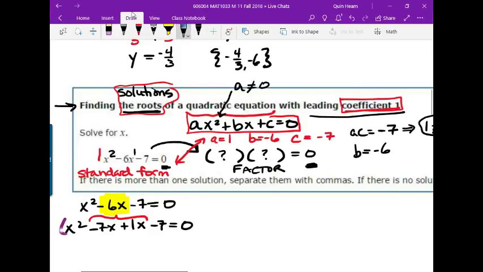So I'm going to put parentheses around there. And then what do the first pair of terms have in common? They have an x in common, and what's left behind is x minus 7. Plus the second pair of terms, the only thing they have in common is a 1, but once again it leaves behind an x minus 7 when you factor out that 1.